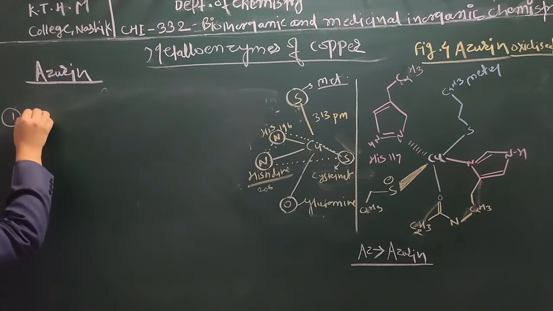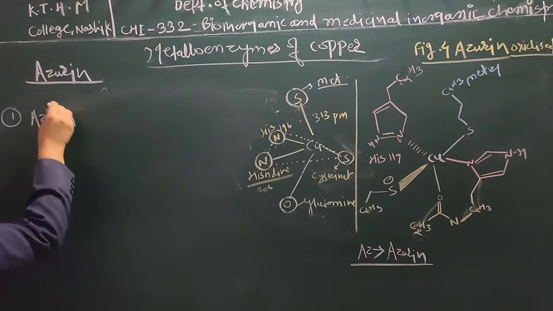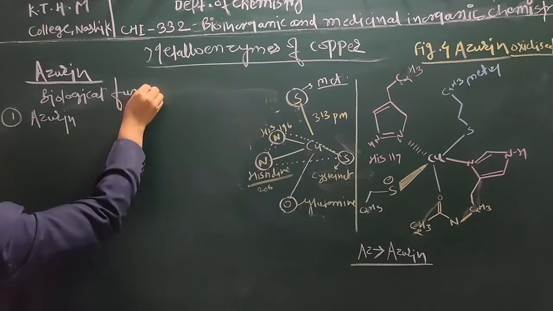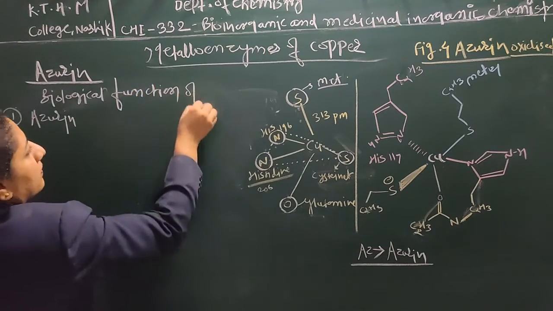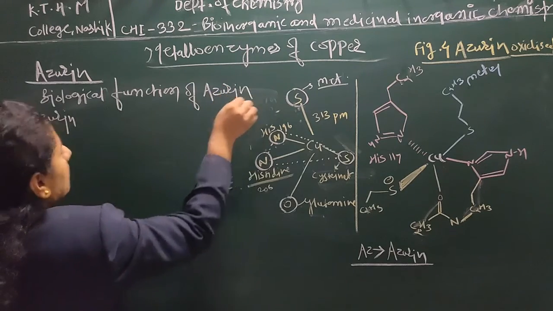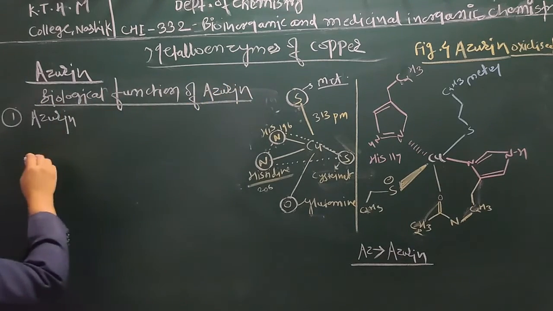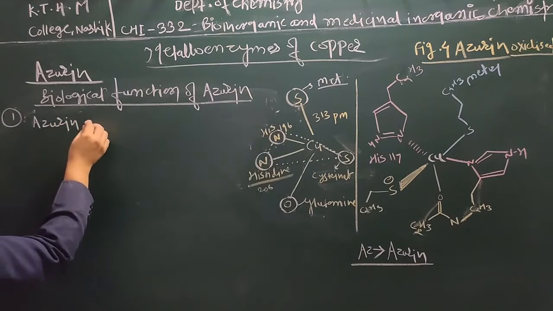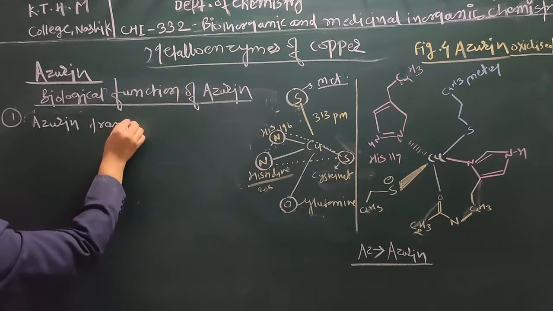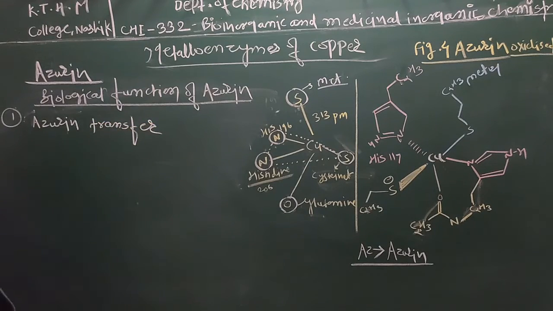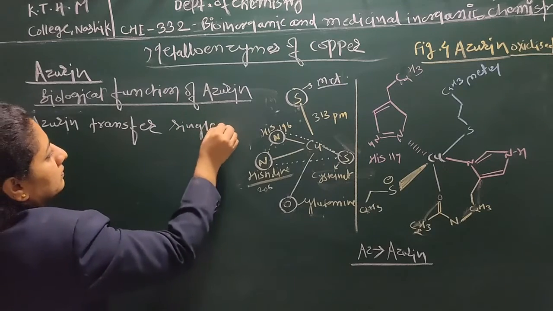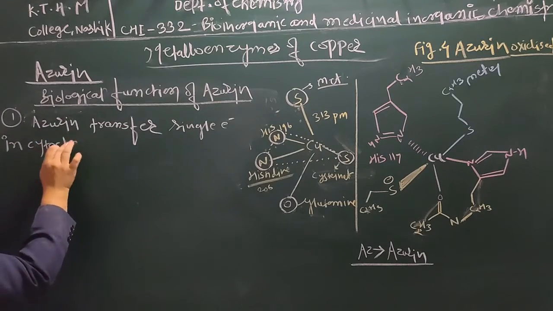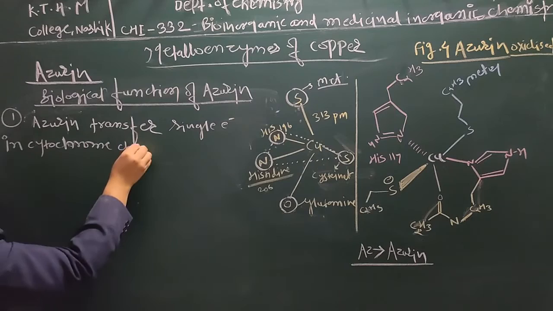So first, the function of azurin: azurin transfers a single electron in the cytochrome chain.